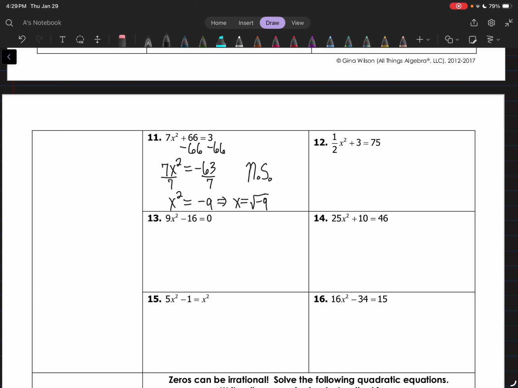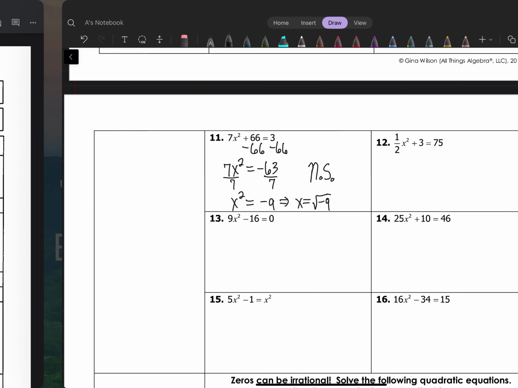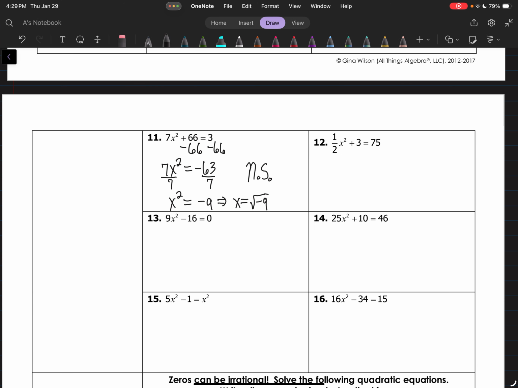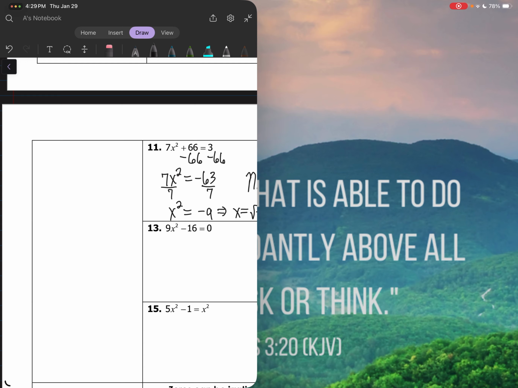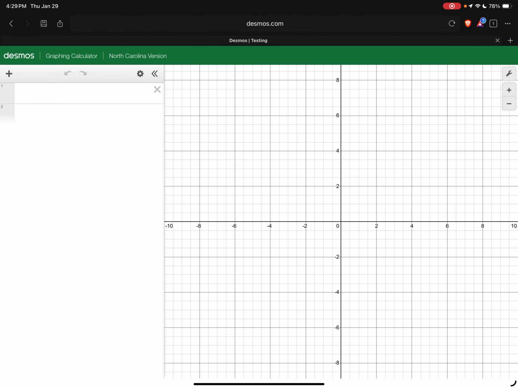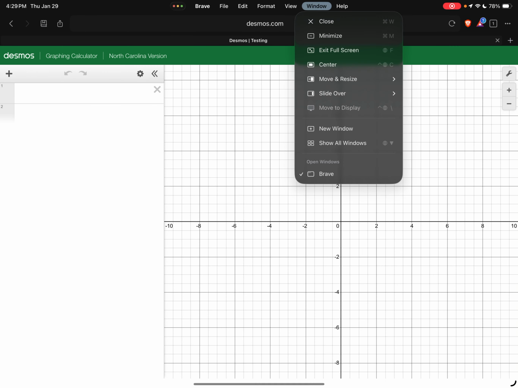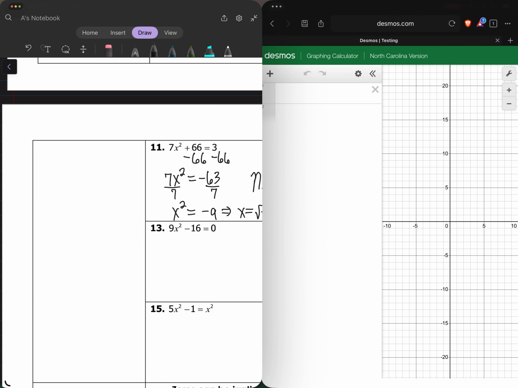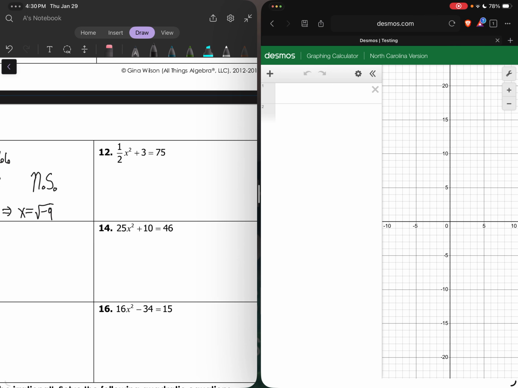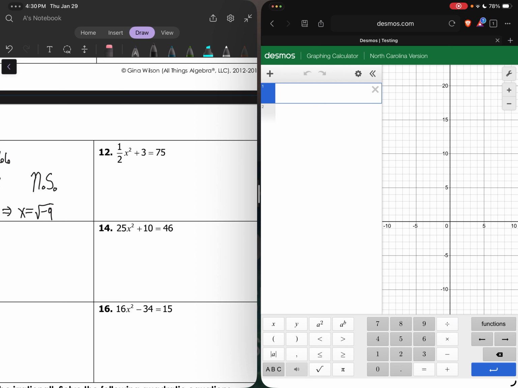Now let me show you in Desmos. I'll do number 16 in Desmos. 16x squared minus 34 equals 15.